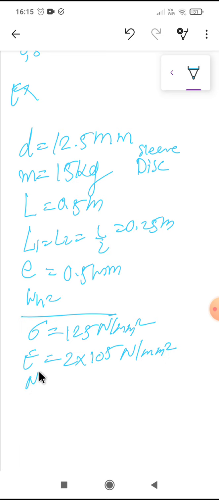So there are two questions. First is to find omega n, and another is to find the speed, that is n.